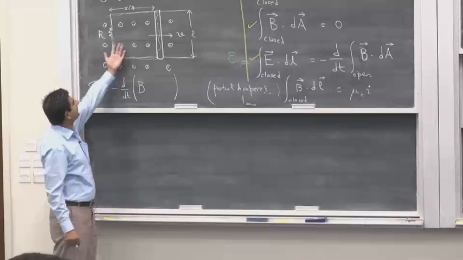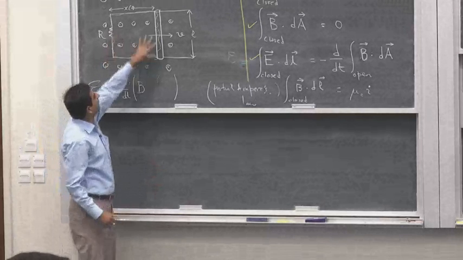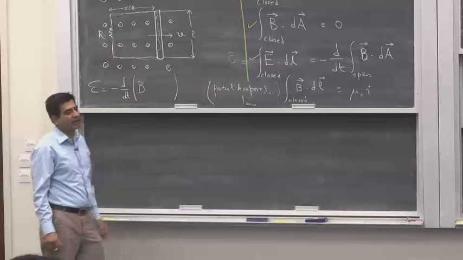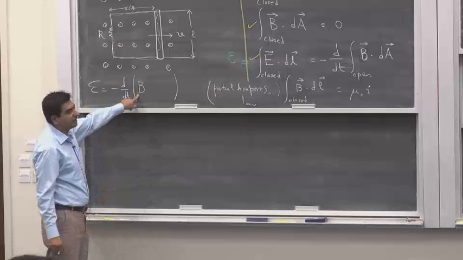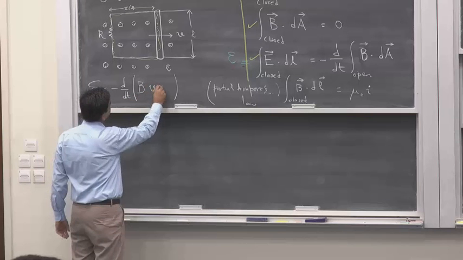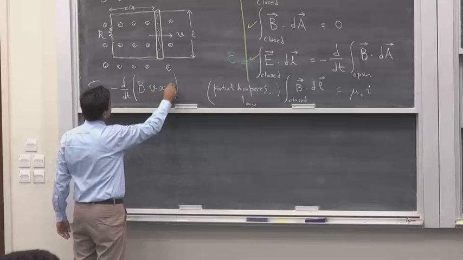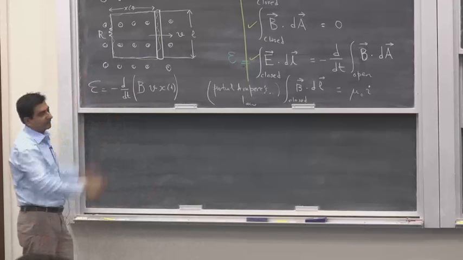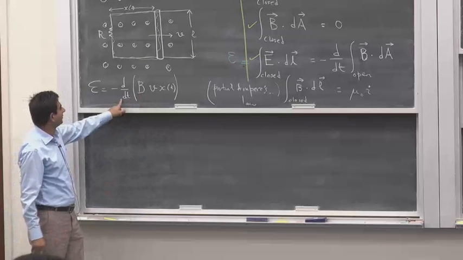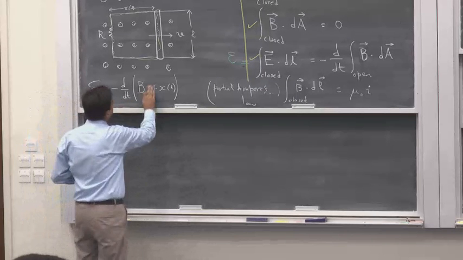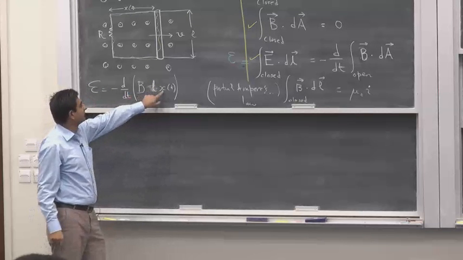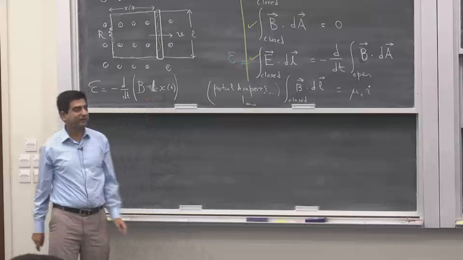So every time the field is pointing out, the area vector of this loop is also pointing out, so I don't have to worry about the angles. I can take the constant B, and the area is simply L into X. Now L is a constant, B is a constant, and the derivative of X is simply the speed.